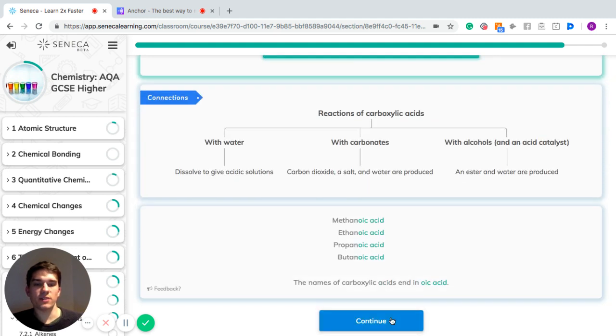And a reminder of those first four smallest carboxylic acids again. You've got methanoic acid, ethanoic acid, propanoic acid, and butanoic acid. So all the names of the carboxylic acids end in oic acid.